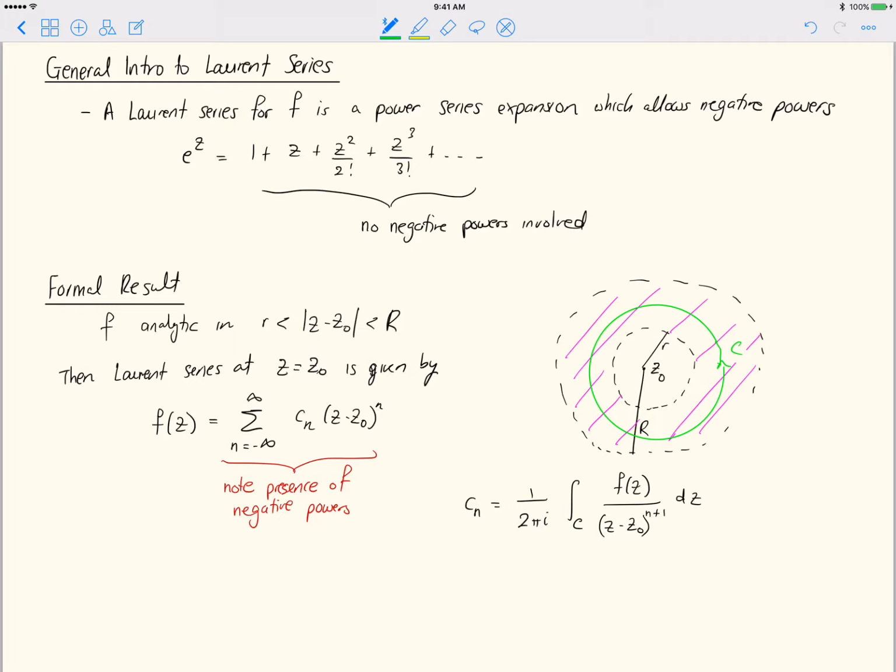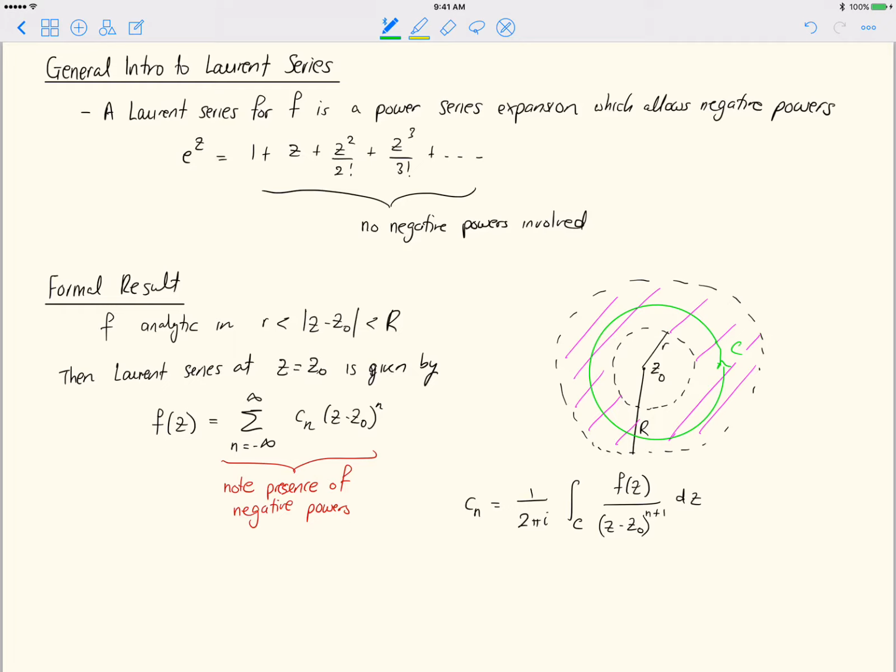Now, as you can see, this is a really nice result, but obviously it's a little bit too hardcore for everyday use, as in I don't want to calculate infinite amounts of contour integrals all day. So in practical applications, we don't usually find the Laurent series using this formula. Actually, what we do is take a Taylor series and then manipulate it to find the Laurent series.